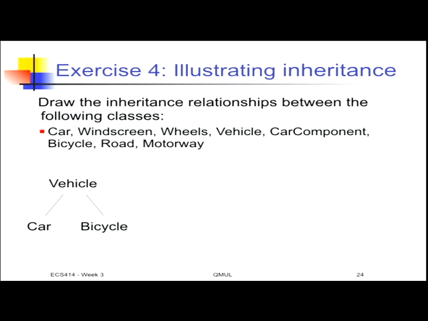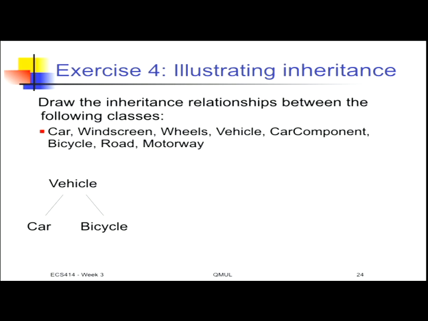This is one bit. So we have vehicle, and we already saw this before. Car is a vehicle, bicycle is a vehicle. So we would put an inheritance relation that way. So an upside down tree with the superclass at the root.